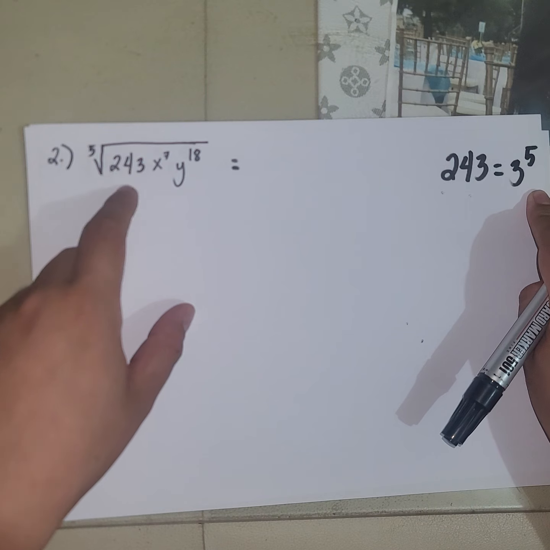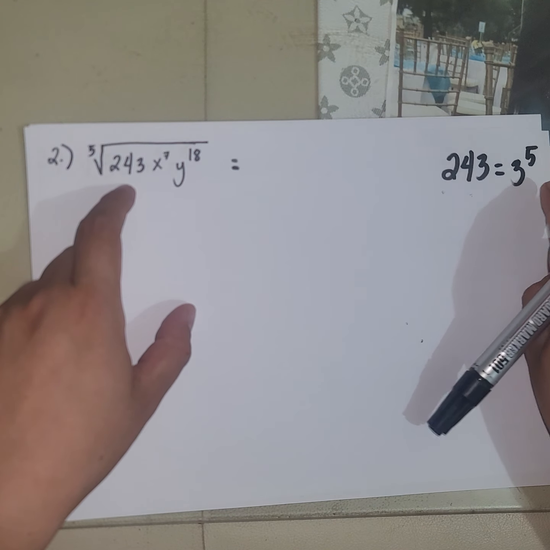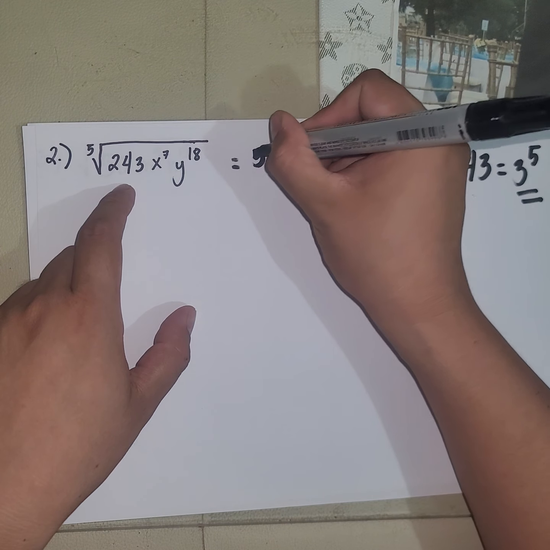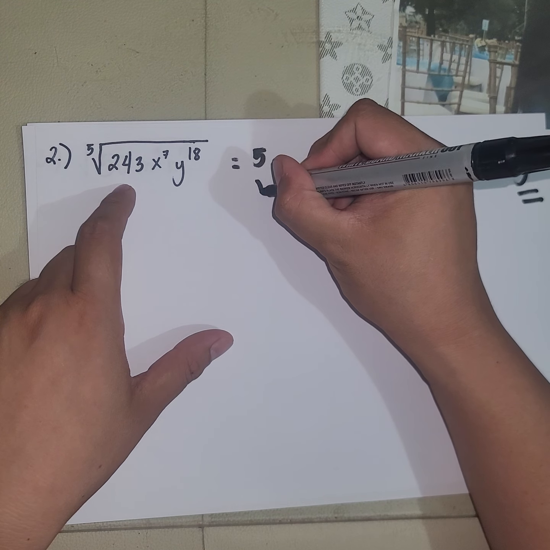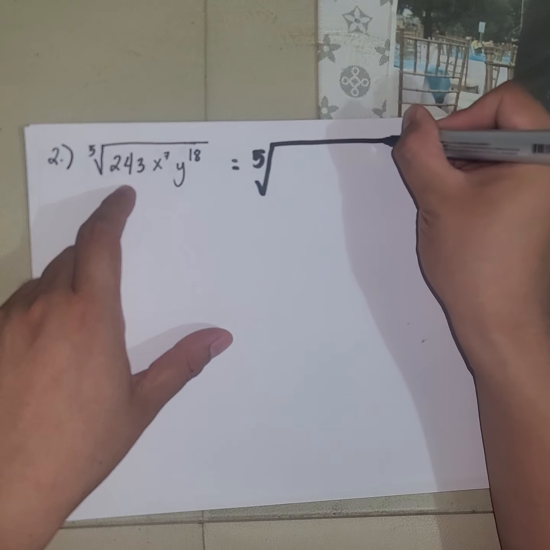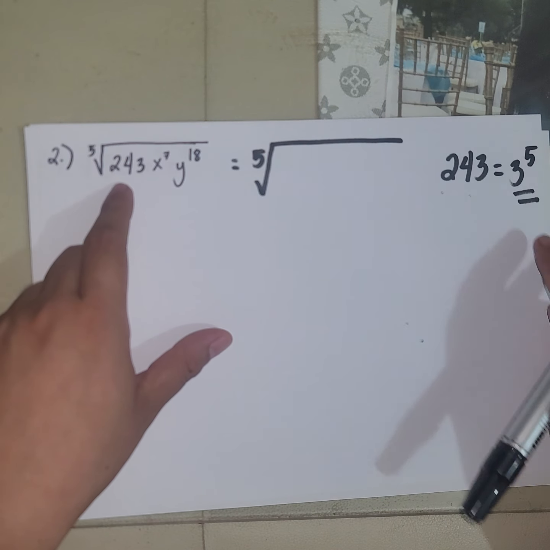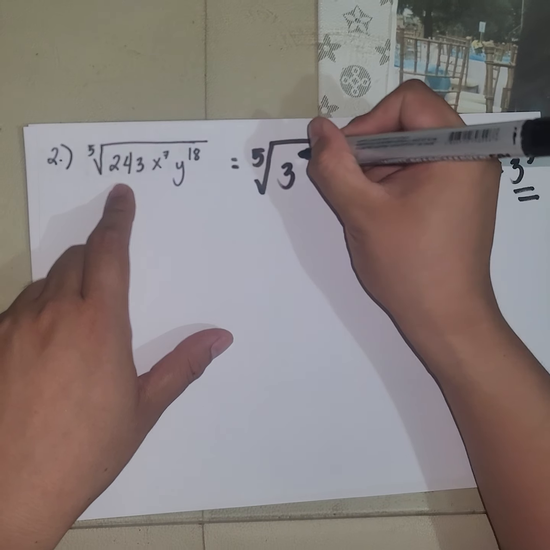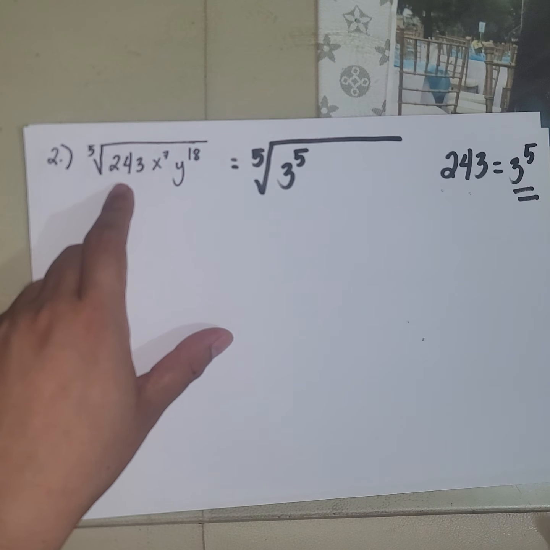So, yung 243, papalitan natin ng 3 raised to 5. Copy natin yung radical sign, the fifth root. And then yung 243, palitan natin ng 3 raised to 5.